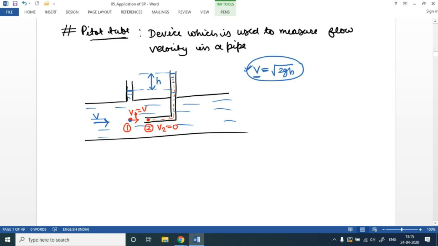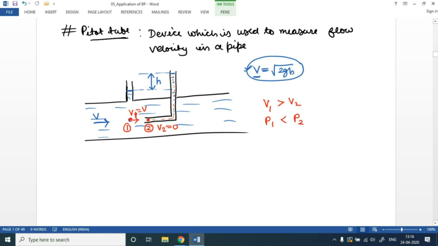From the application of Bernoulli's principle, you can see that v1 is greater than v2, because the value of v1 is v and the value of v2 is 0. Using Bernoulli's principle, because p plus half rho v square is going to be constant in comparison of 1 and 2, since these points are at the same height, you can say that P1 would be less than P2.